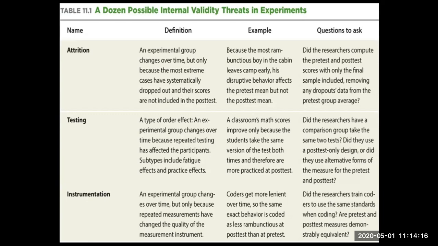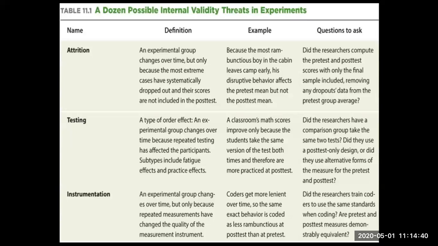So we asked the question, did the researchers compute the pretest and post-test scores with only the final sample included, removing any dropouts' data from the pretest? Because he was so extreme, it will affect the pretest score, but because he wasn't there for the post-test, that makes it appear that there may have been an improvement when really you're just counting a person who didn't get the post-test.